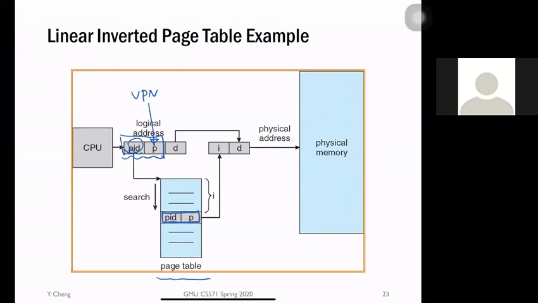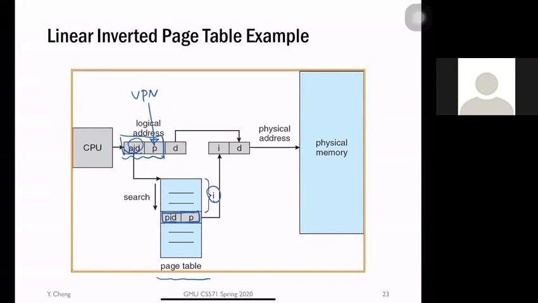And then as a result, it gets the output, which is the index of this matched array element, which is I. And this I is essentially the index of the interested physical frame, physical page.